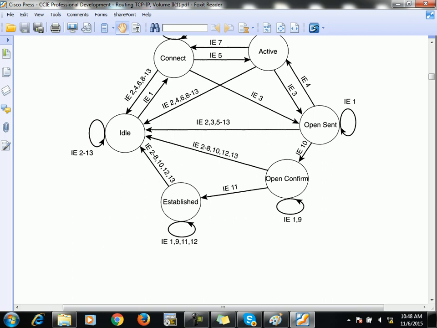So this is called FSM, finite state machine in BGP. In BGP we have a total of 6 states: idle, connect, active, open sent, open confirm, and finally established.